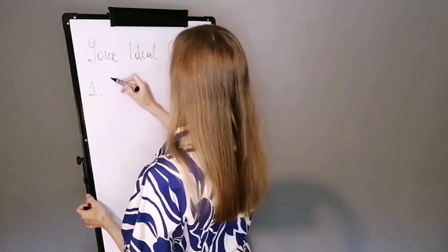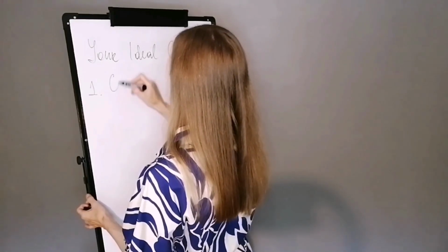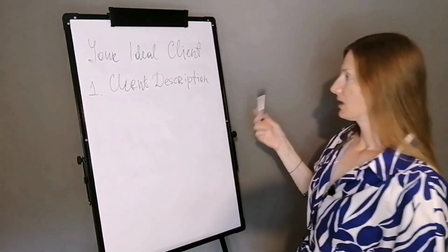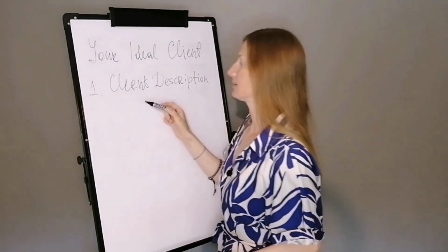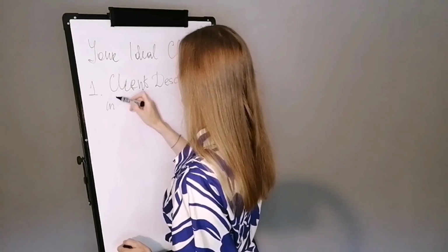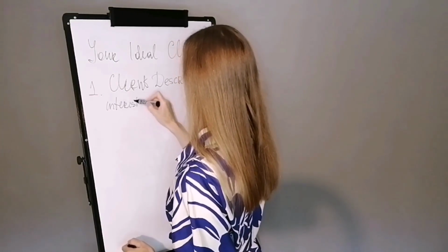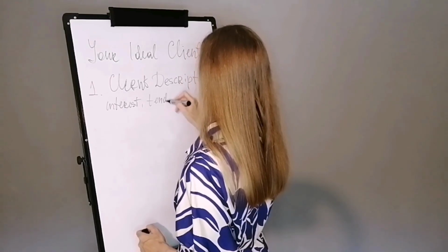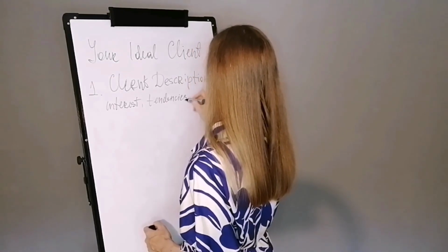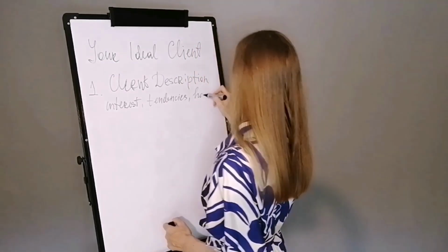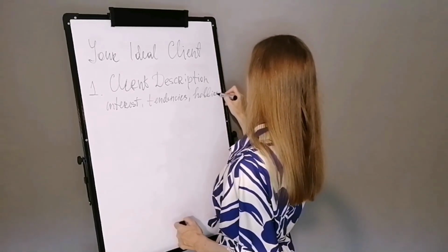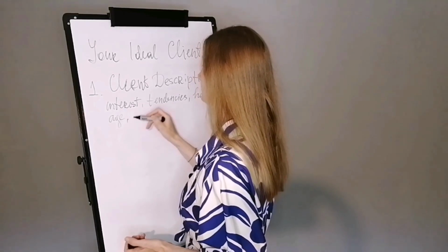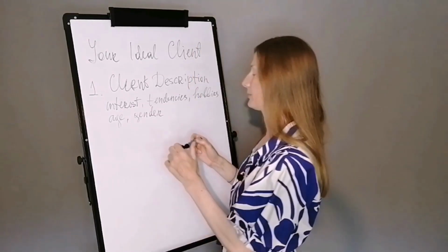So first is client description. Here can be interests, tendencies, hobbies, age, gender, and so on.